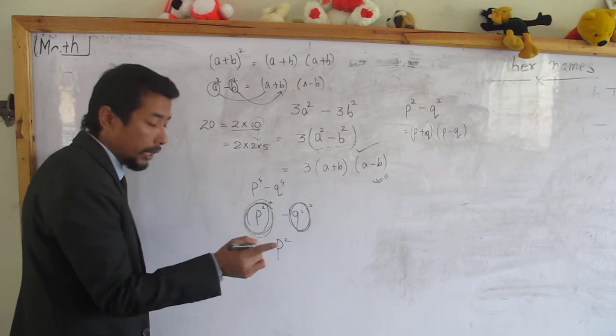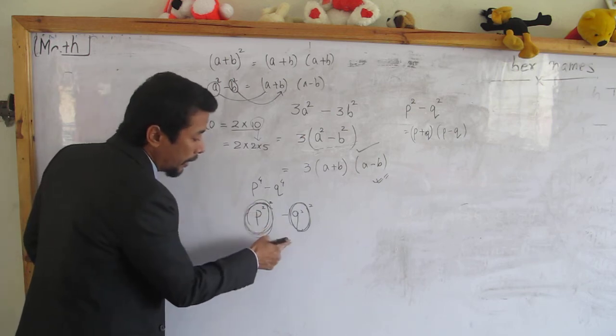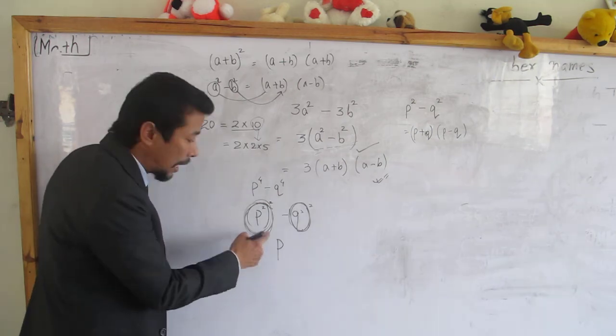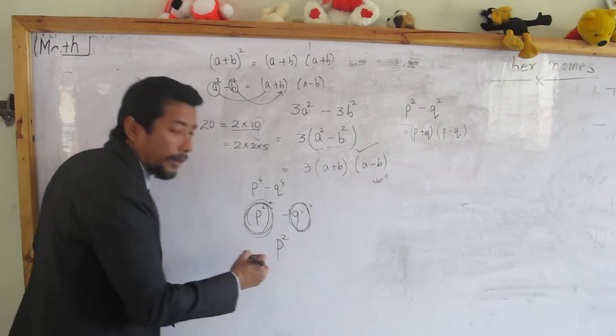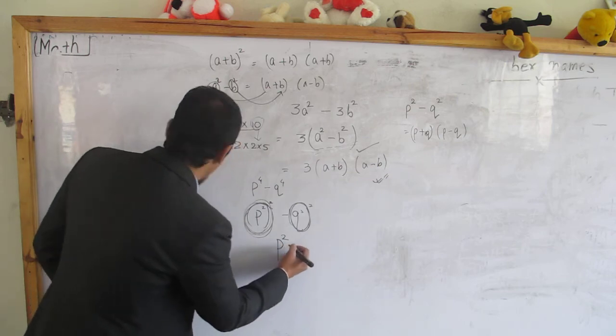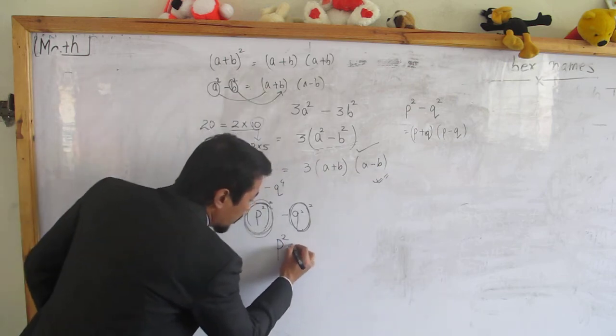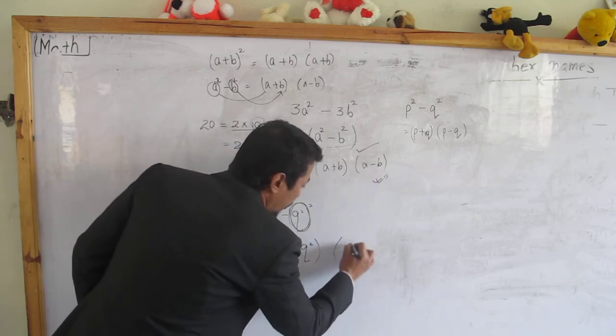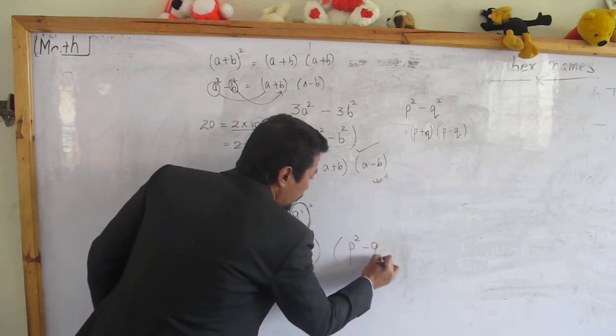Another mistake we make is we leave this. So our a is not p, dear students. Our a is p square. So a plus b, and then we have a minus b.